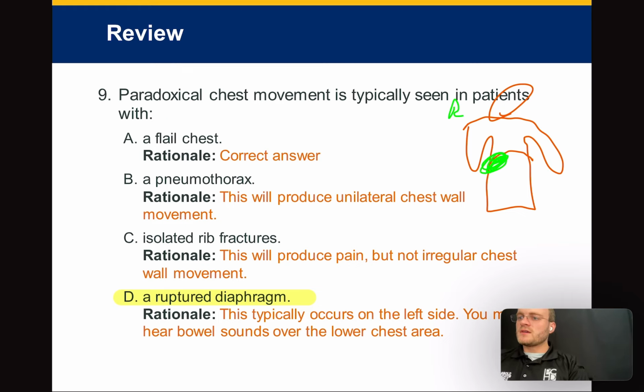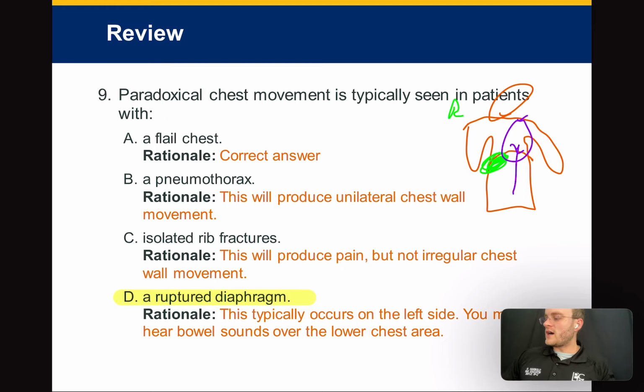If you take enough abdominal trauma, you can force the abdominal contents into the diaphragm. The diaphragm's pretty thin, and you can rupture it. When that happens, you end up with gut contents like the bowels, colon and stomach up in the chest, and you'll hear bowel sounds up in the chest.